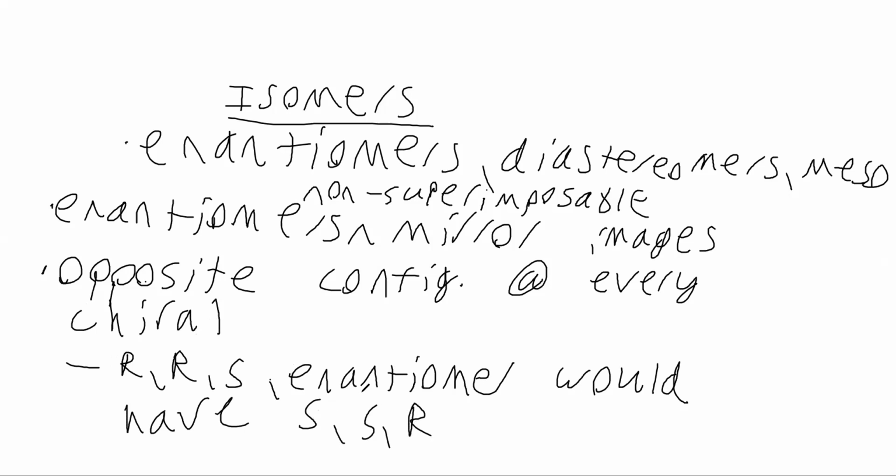Obviously, if it was a molecule, you'd have to look at the 2 molecules given and identify these things. But just as an example, it flips at every chiral center. If it flipped at just one of them and the other 2 stayed the same, then it would be a diastereomer, which I'll get to in a bit, but that's just enantiomers.